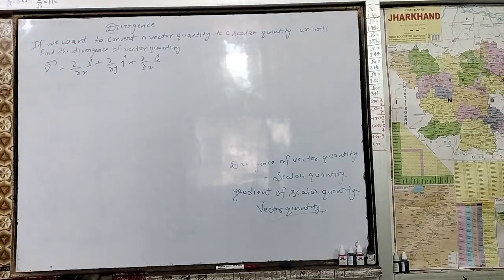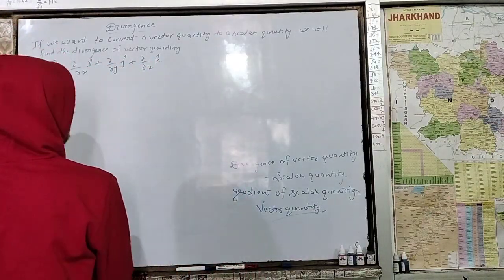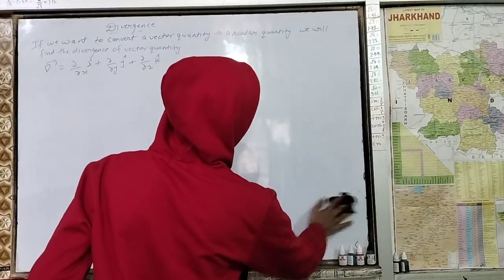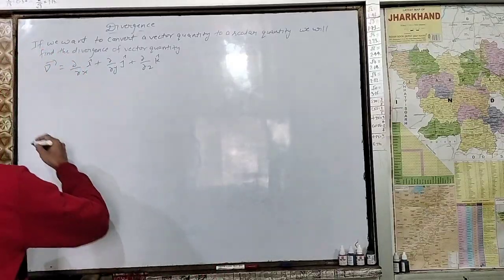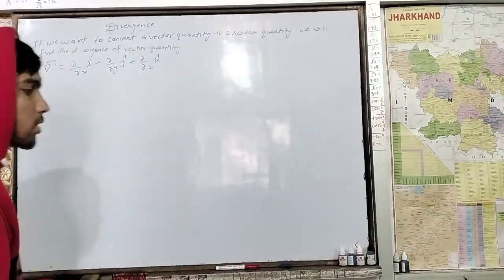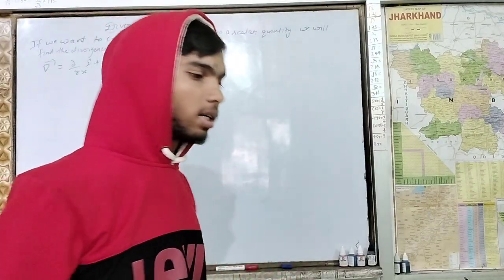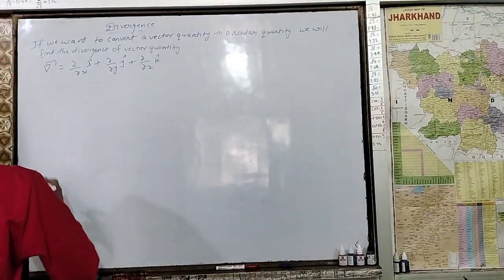This is our del operator, which is a vector operator. If f is a vector quantity, in the previous question we were observing that phi was a scalar point function.